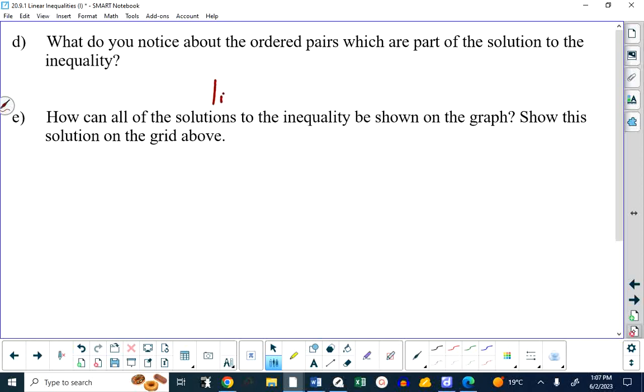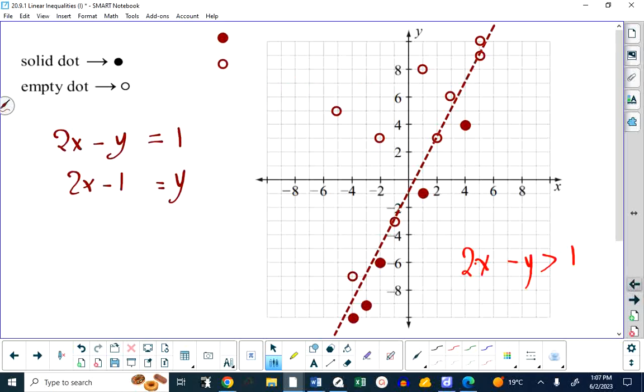They lie below the line, the dotted line. How can I communicate that all of the points below the line are solutions? Well, I can just shade it in. This is the solution to the inequality.